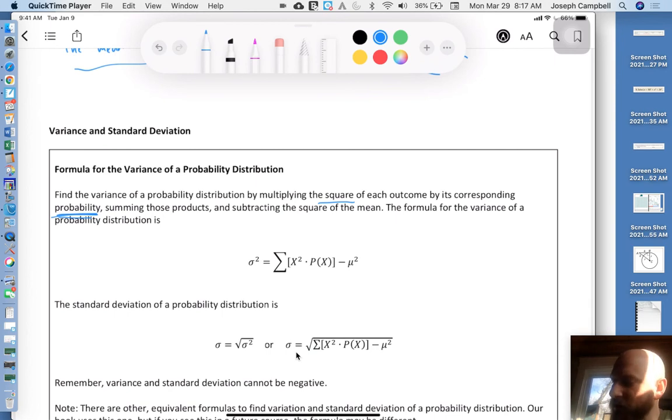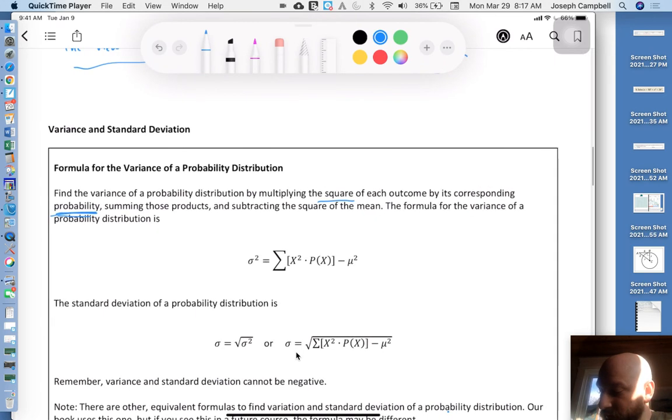Looking for basically distance. So the formula for the variance looks confusing, but all we're doing is summing, right? This symbol means sum. We're summing the square of each value, which gets rid of the sign, times the probability of that value appearing, which makes sense because it's the weight, and then we take that sum and subtract the square of the mean.